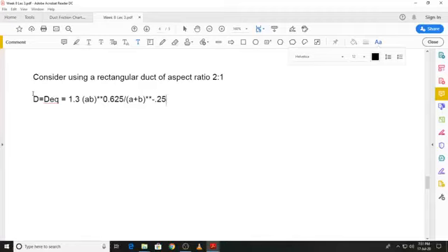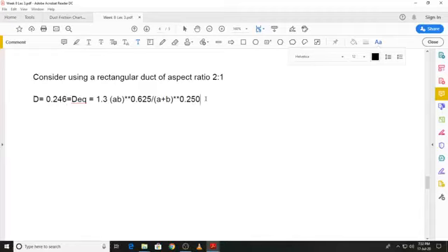Two five. And D again was, I'll just write down that value. For the first segment, I've started with the segment with the maximum diameter. 0.246 is the value.